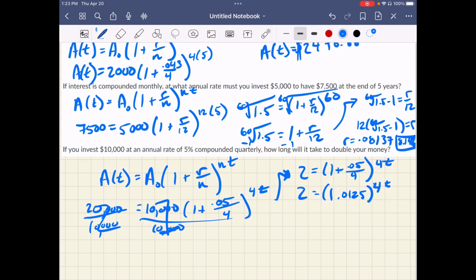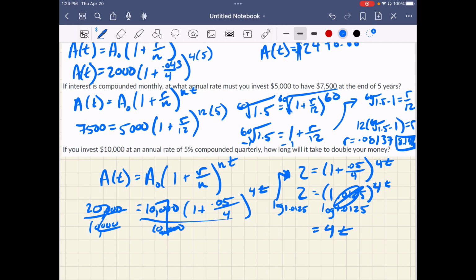From here, we got to remember this rule here. I know that b to the x equals m is going to be converted to the log base b of m equals x. Okay, so that's one way to think about it. I can simply use that conversion to rewrite that. Or the way I like to think about it is I like to say, okay, so if I take the log base 1.0125 of each side, what ends up happening is those two are opposite operations and they cancel out.